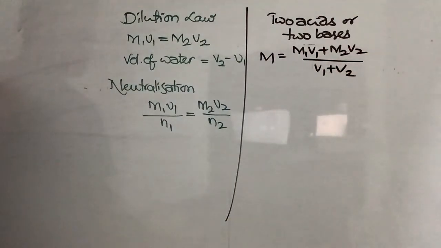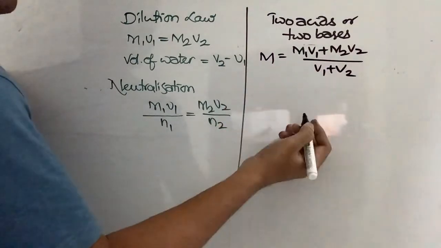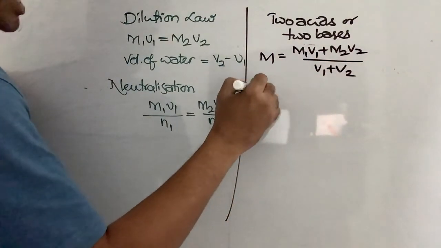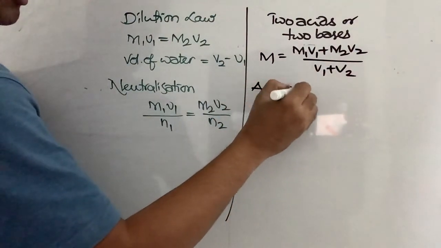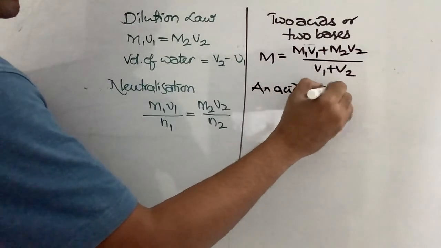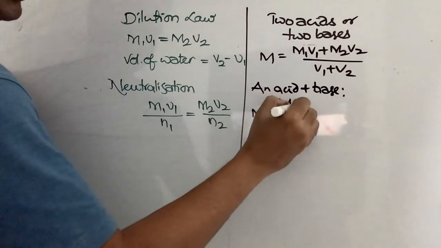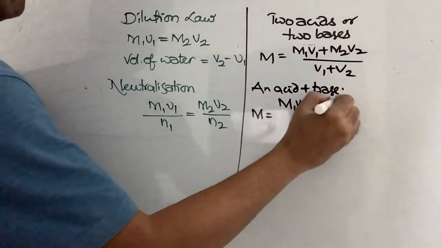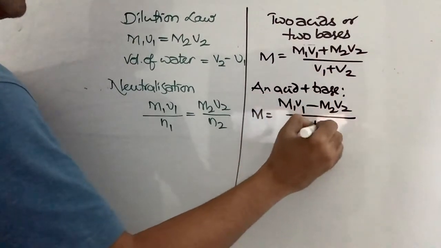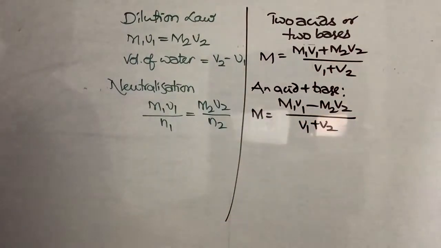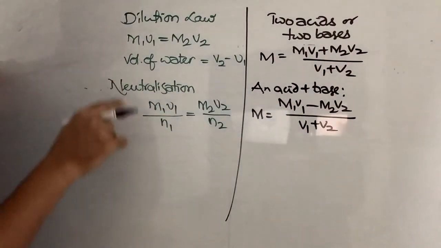If you are adding an acid and a base, then molarity is equal to M1 V1 minus M2 V2 by V1 plus V2. Which should be taken first? The higher one. Just see the M1 V1 value. If the acid's is more, you take your acid. If the base's is more, you take your base. Common sense.